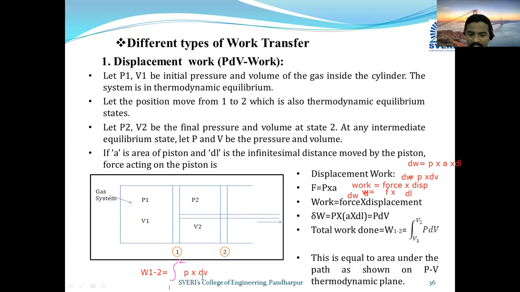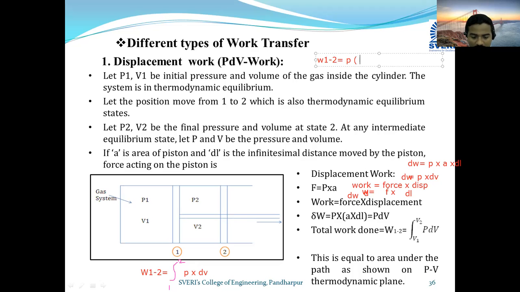So what is remaining inside? 1 into dV. बरोबर आहे का? Yes, sir. Yes. Then you can substitute the limits. Take the integration and substitute the limit. काय येईल equation मग? W 1 to 2 is equal to P into काय येणार इंटिग्रेशन आणि लिमिट सबस्टिट्यूट केल्यानंतर?